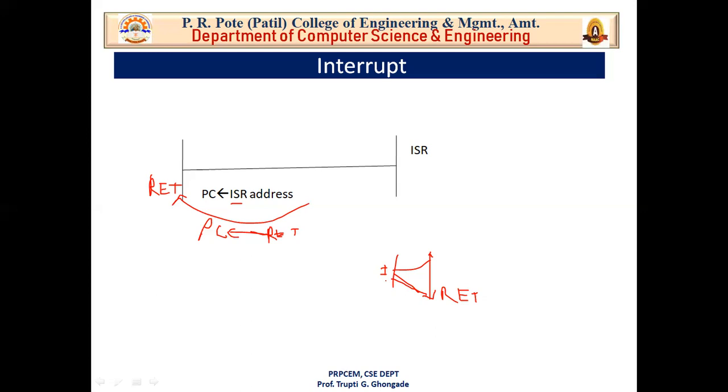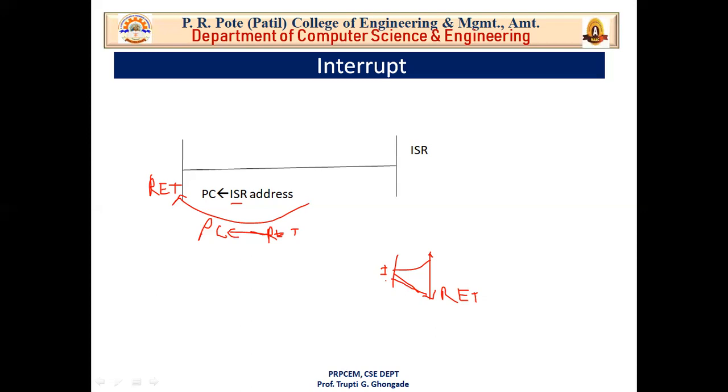Now the processor has to go to the ISR. That means it has to put the ISR address into the PC. But the moment it puts the ISR address into the program counter, it will lose its return address, because the program counter cannot contain two addresses at a time.